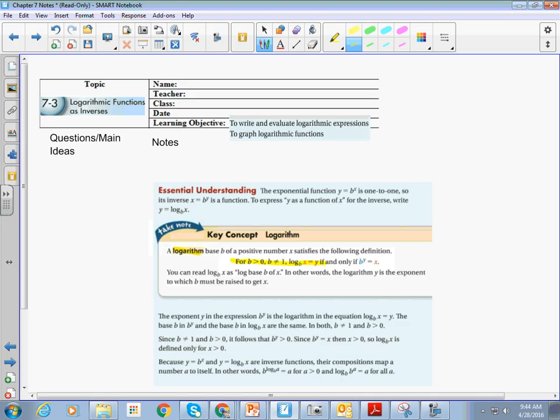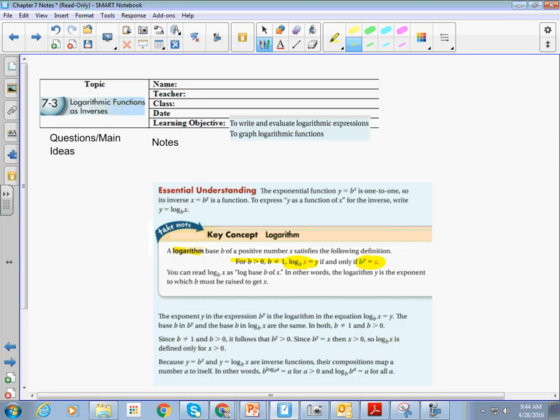For b greater than 0 and b not equal to 1, log sub b of x equals y. I don't want you to have the if and only if part. And b to the y equals x.